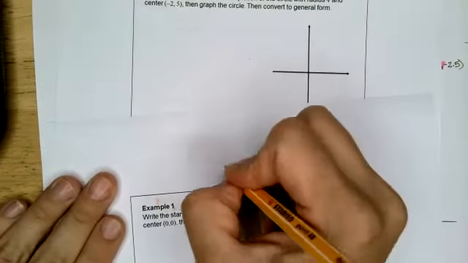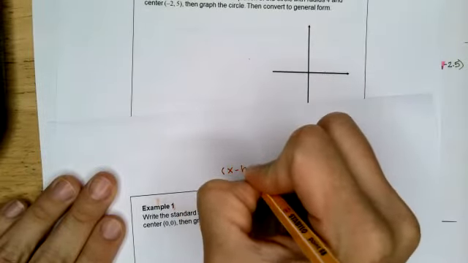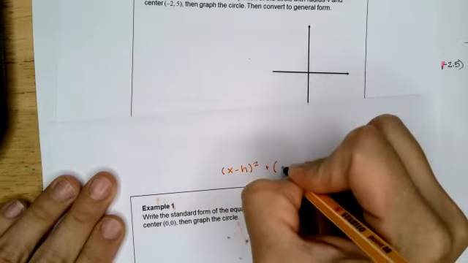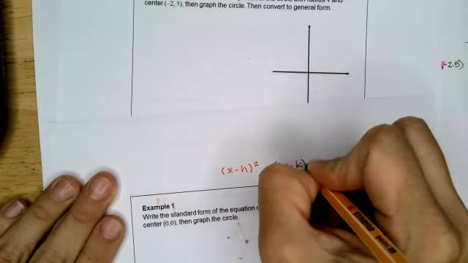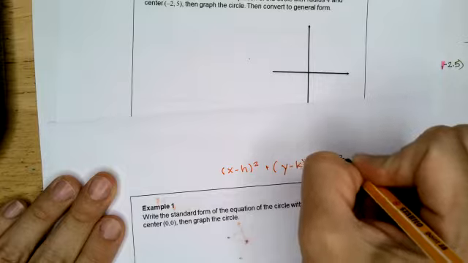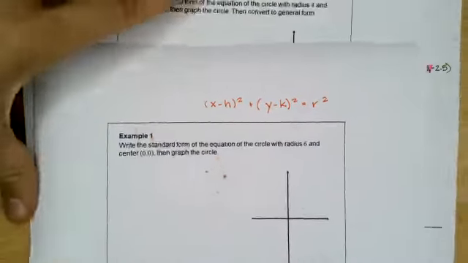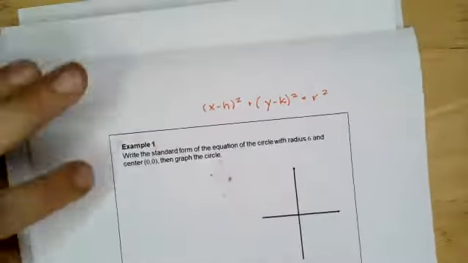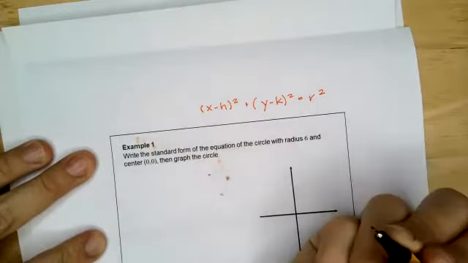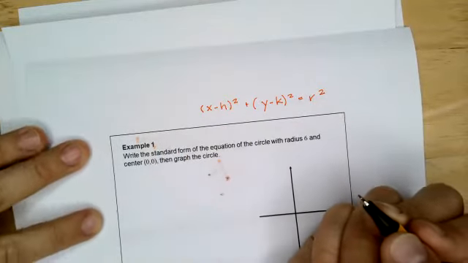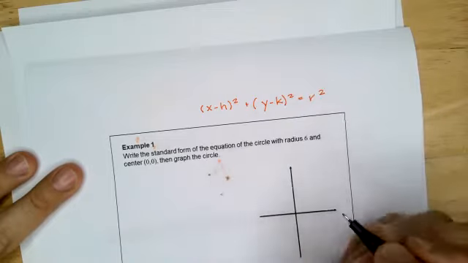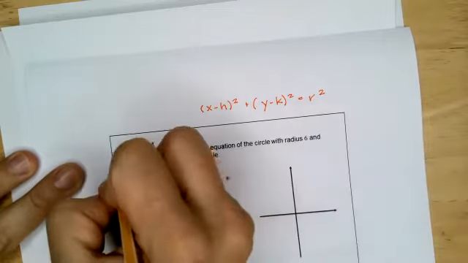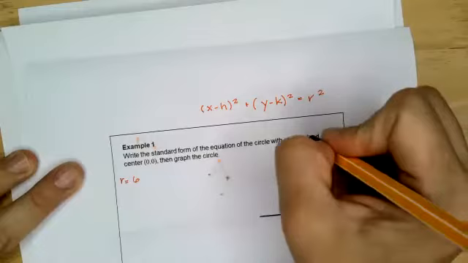It is x minus h squared plus y minus k squared equals r squared. h is the x value of your center, k is the y value of your center, and then r is my radius. So I know that r is 6.